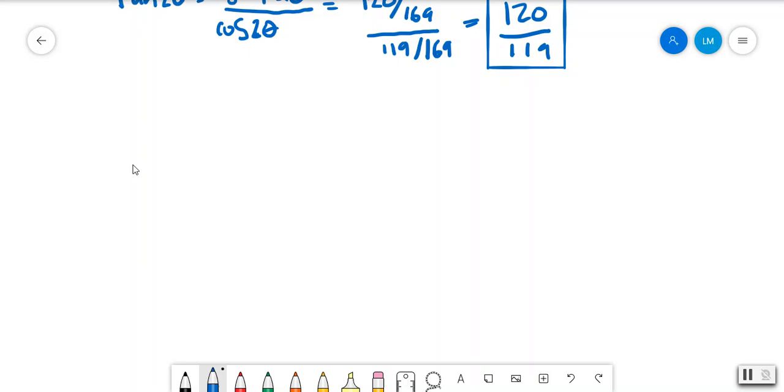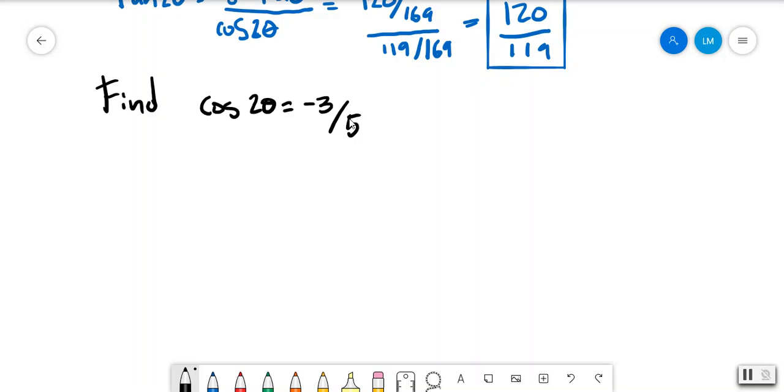where we'll tell you that, for instance, we have the following. So let's say that we have that cosine of 2 theta is equal to negative 3/5.